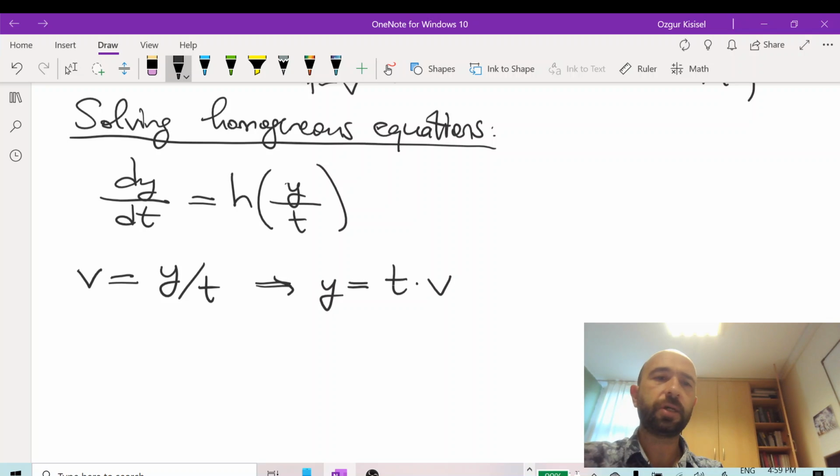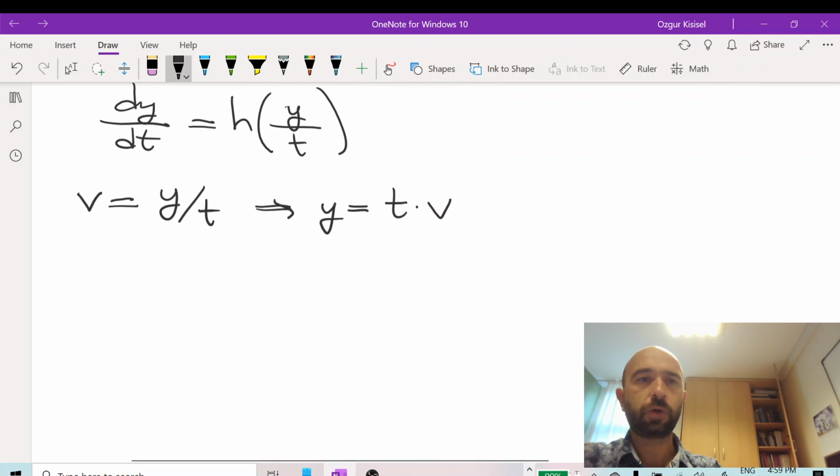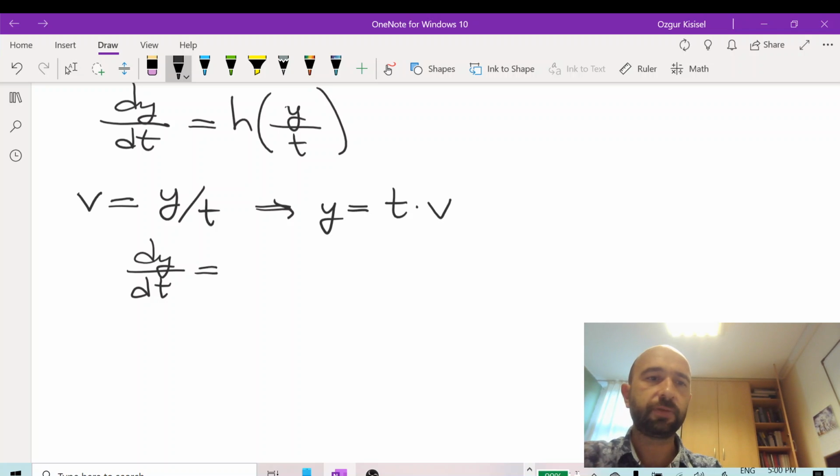Now, when we make the substitution, of course, this is going to be h of v here, but it's also important to change the left-hand side. So we should look at dy/dt, and we should try to write it in terms of this new variable v. So this is then taking the derivative of this product.